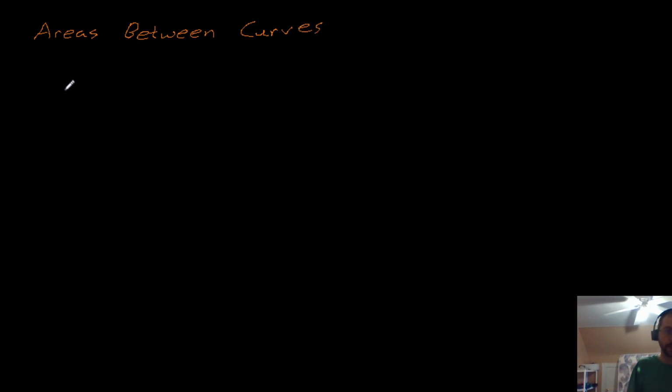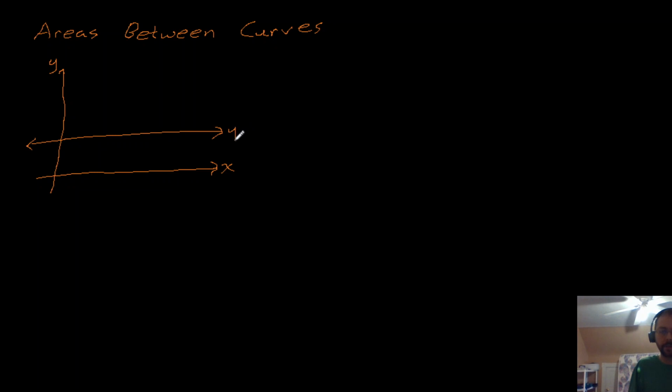So once again, we'll start with something really simple. This is the x-axis, this is the y-axis, and we have two curves, which happen to be straight lines in this case, for simplicity's sake.